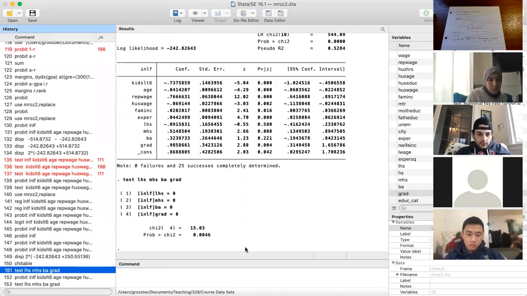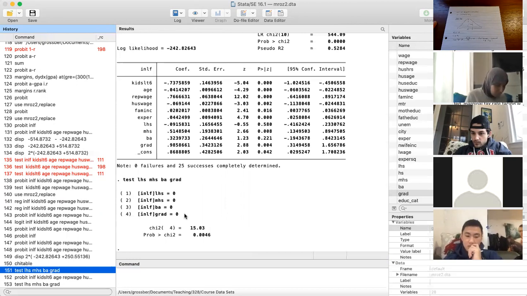And we end up with a chi-square. When we do this for a single coefficient, it's a z statistic. When we combine coefficients, the Wald test is a chi-square distribution with degrees of freedom equal to the number of variables we include. And you can see that this comes out very similar to the likelihood ratio test.